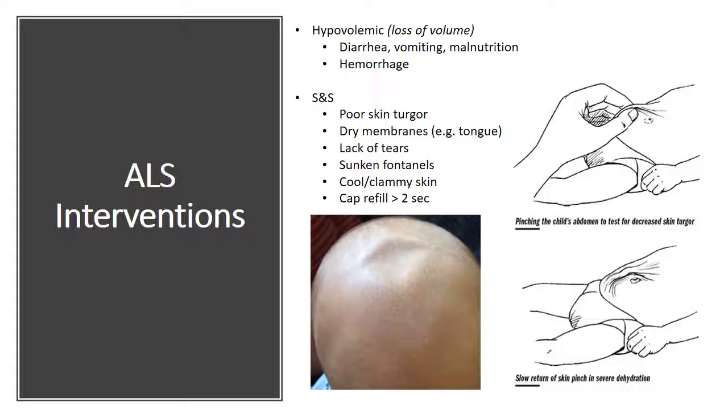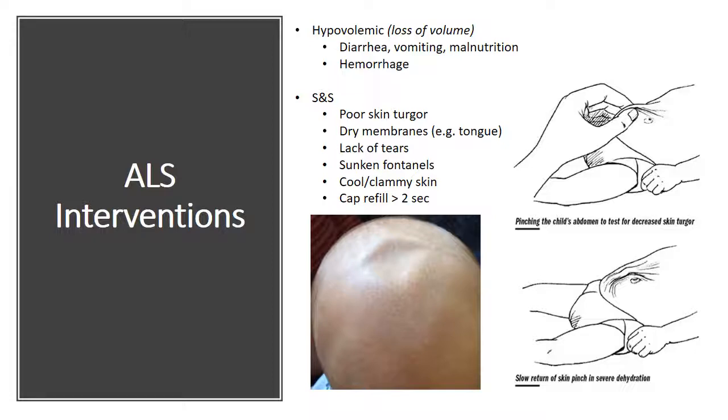That's going to be more along the lines of a patient who's had not as much of an acute onset, maybe a little bit more chronic, possibly over a couple of days. So you pinch that skin, and if the skin doesn't go back to its natural position, the patient is severely dehydrated. So poor skin turgor is a sign of pretty significant dehydration.